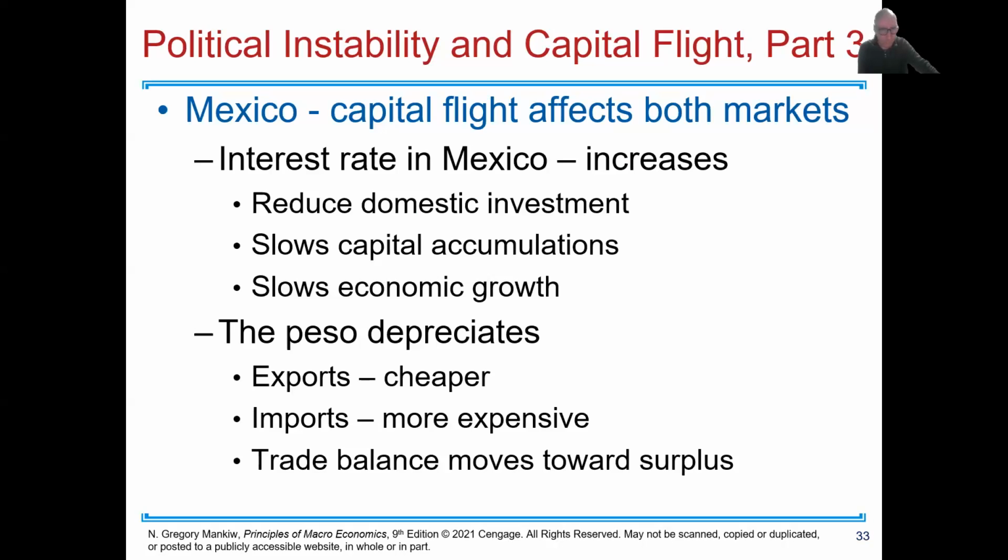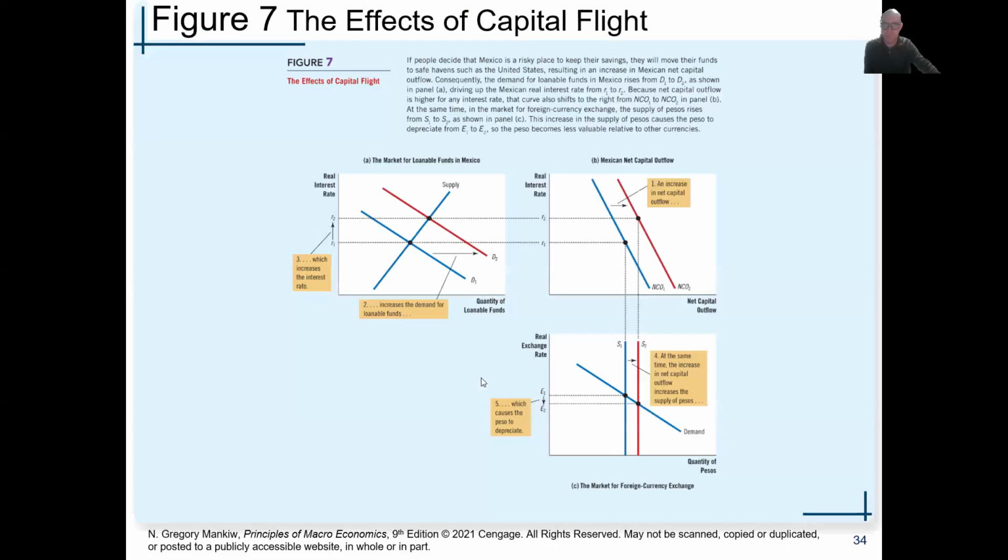The peso at the time went down in value, which made exporting cheaper, but importing a lot more expensive, which led to a trade imbalance. So these are just some of the things that happen when there's that type of instability.